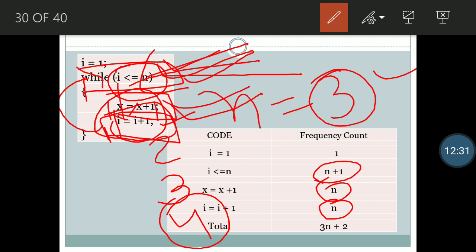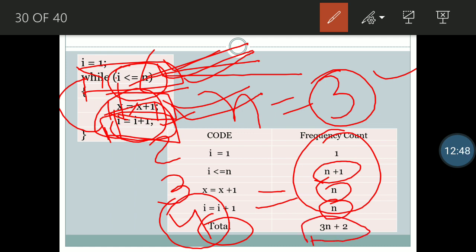So x plus 1 and i is equal to i plus 1 will be executed for 3 times. So our total time complexity will be the addition of all these numbers, means 1, n plus 1, n and n. So the total of this frequency count will be 3n plus 2.